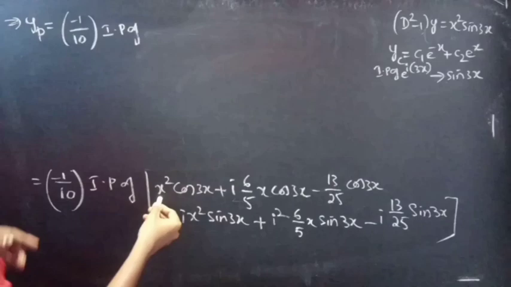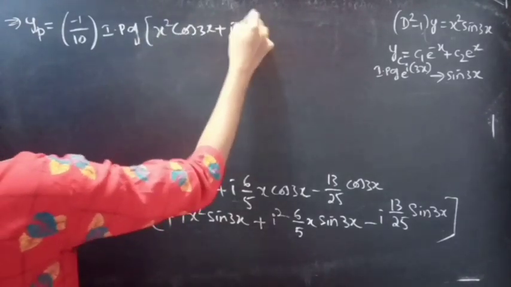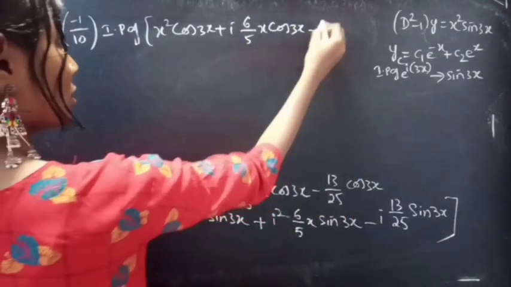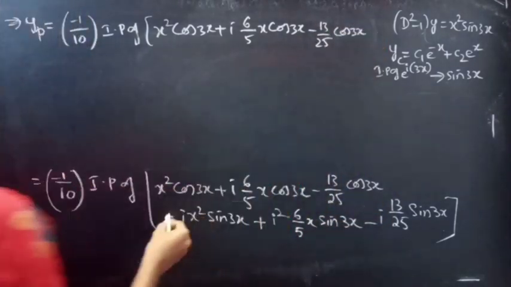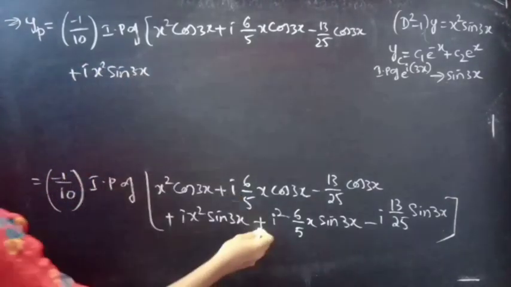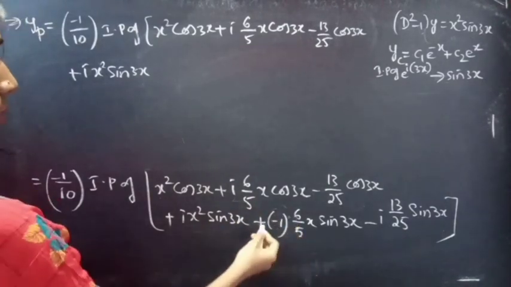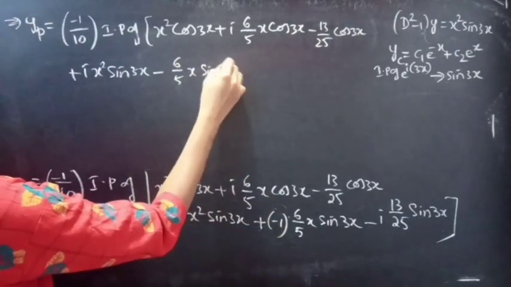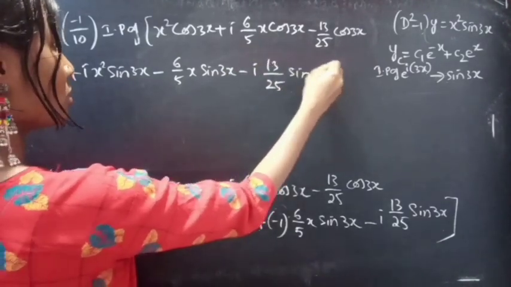Now i square is minus 1, right? So replace i square with minus 1. So we get x square cos 3x plus i into 6 by 5 x cos 3x minus 13 by 25 cos 3x plus i x square sin 3x, plus minus 6 by 5 x sin 3x, minus i into 13 by 25 sin 3x.